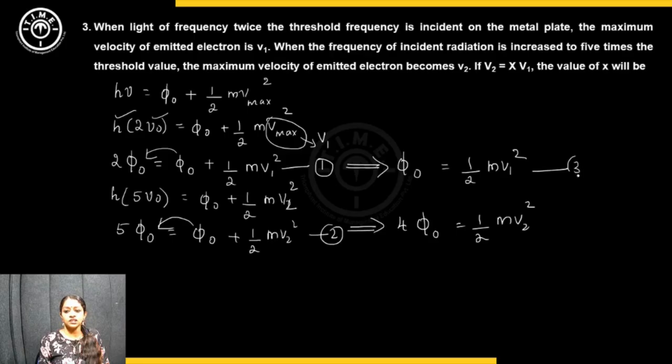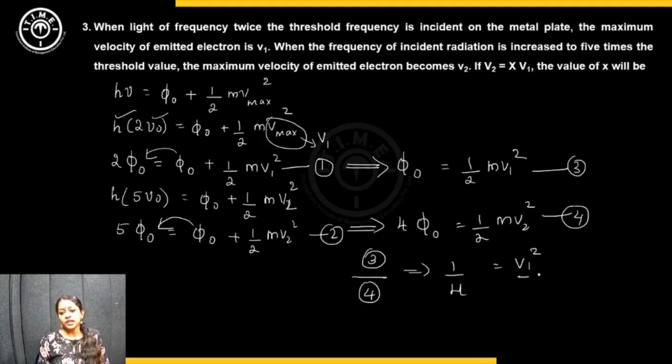So that is equation 3 and equation 4. Now just do equation 3 by equation 4. What will you get? 1 by 4 is equal to v1 square by v2 square, isn't it? So from here you can write v2 square is equal to 4 v1 square, or v2 is equal to 2 v1.